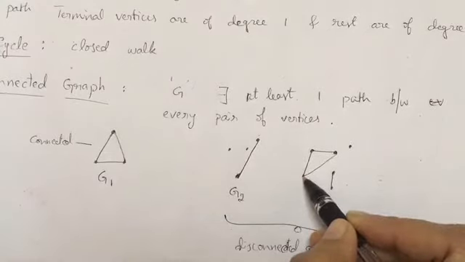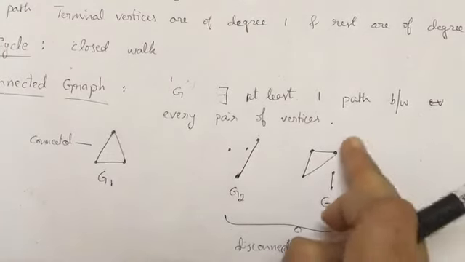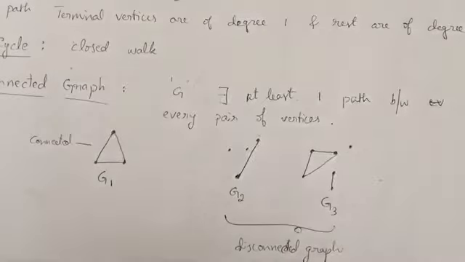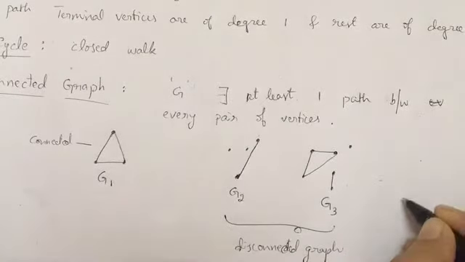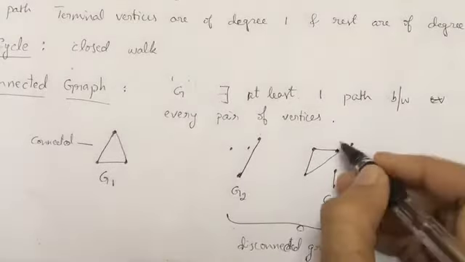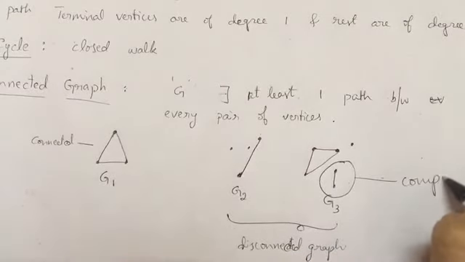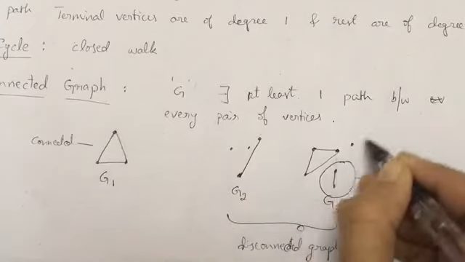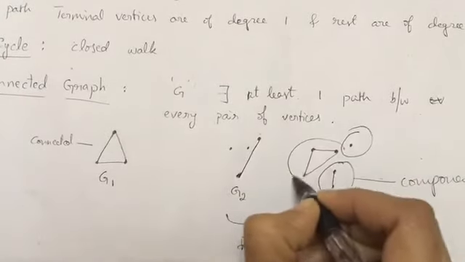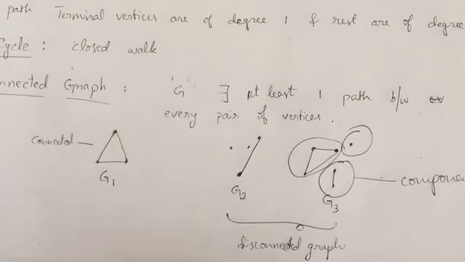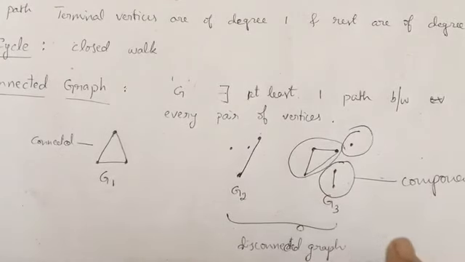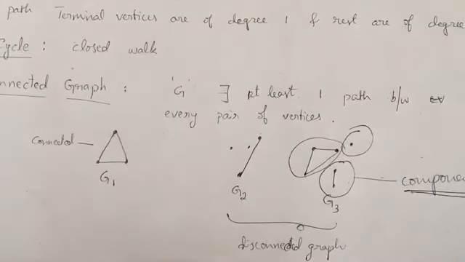Means connected subgraphs of a disconnected graph are nothing but components. So when I consider this part as a component, only this part or only this part, they are nothing but the components of a disconnected graph.